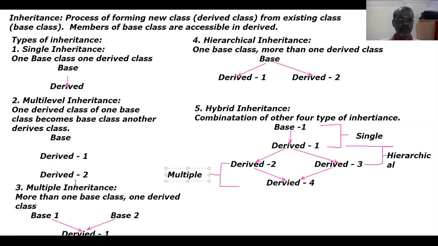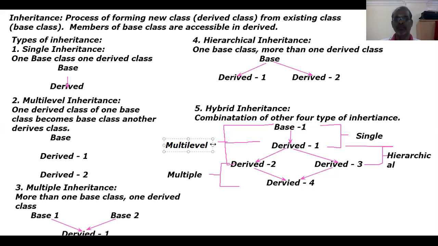One base class, one derived one. This derived one becomes a base class for derived two. Consider these three, 1, 2, 3. This is a base class. This is a derived class. This derived class acts as a base class for derived 2 and derived 3. These three are multi-level inheritance.